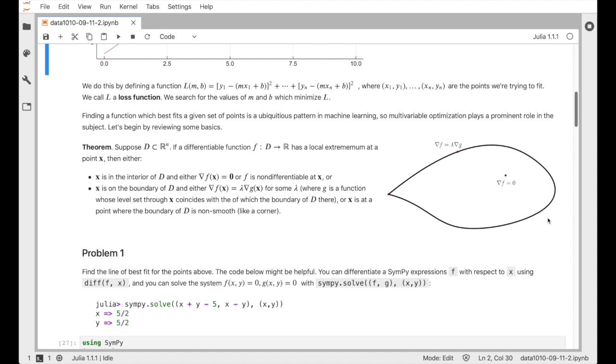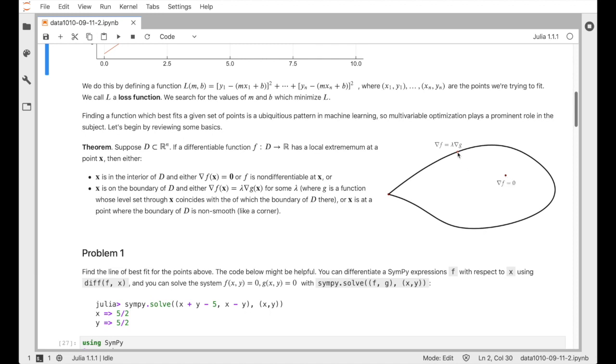And the reason the gradient can't be non-zero for a point inside the domain at a minimum or maximum is that if the gradient were non-zero, it would be telling us that locally around that point, the graph of the function is tilted one way or the other. So there are directions you could go to increase the function, opposite directions in which you could decrease the function, and it can't be a local minimum there. So inside, the gradient has to be 0.